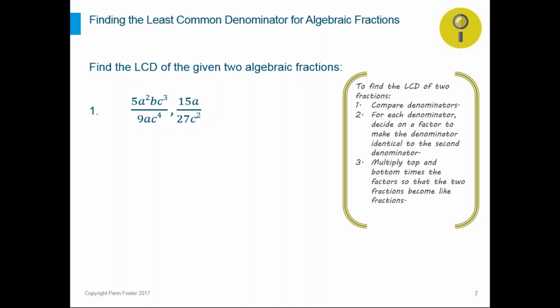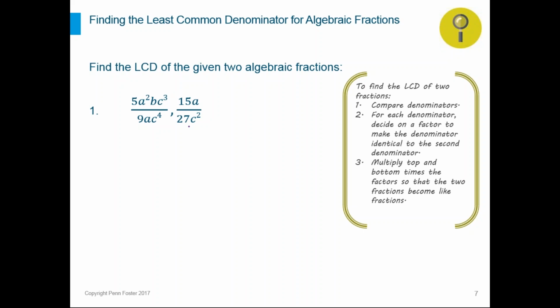How can we do that with variables being part of our denominators? The way we're going to think about it is how can we multiply both denominators, to be specific, so they are identical. For example, the first denominator has an a, the second denominator does not have an a.